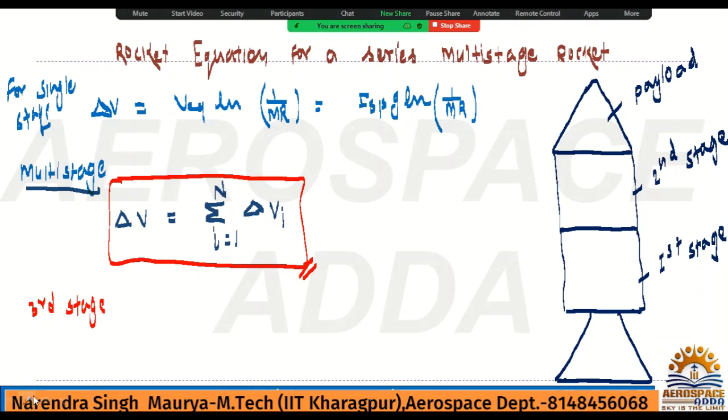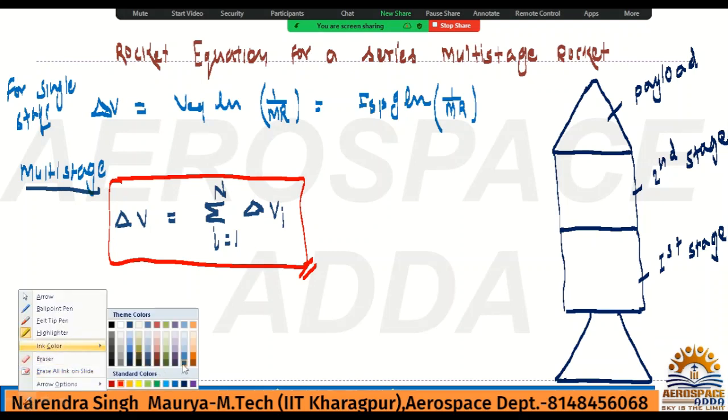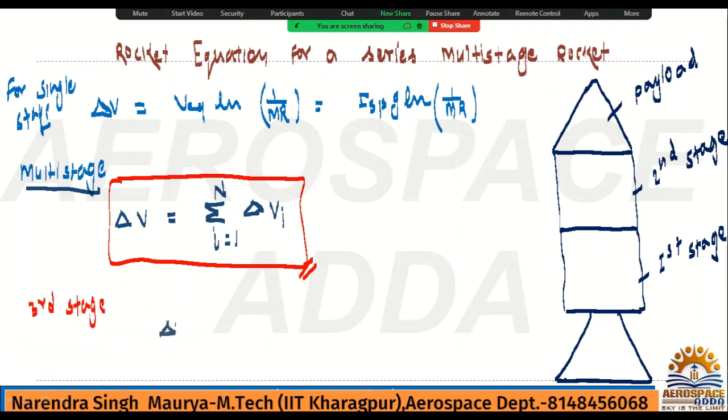So for third stage, delta V is equal to, for the first stage delta V1, second stage delta V2, third stage delta V3.